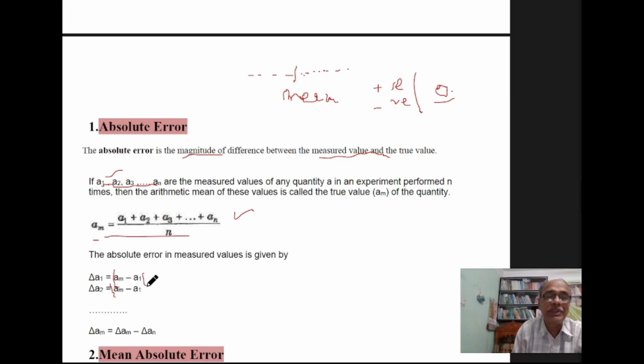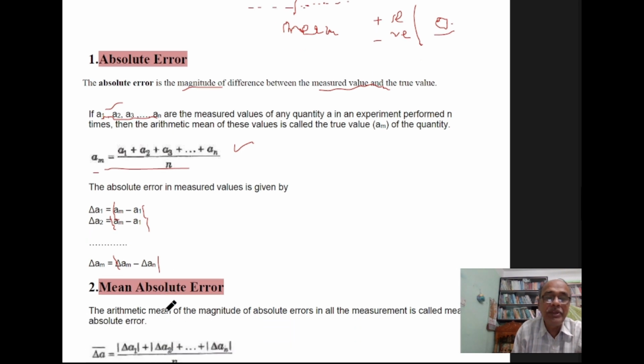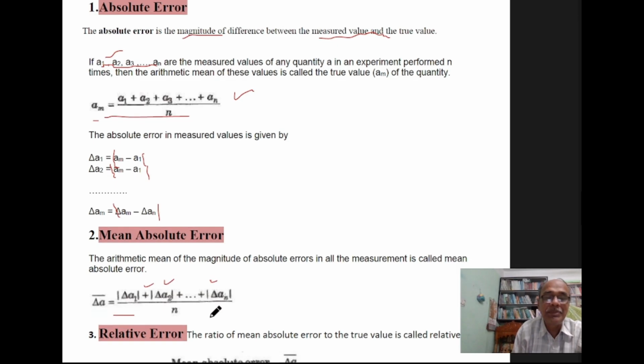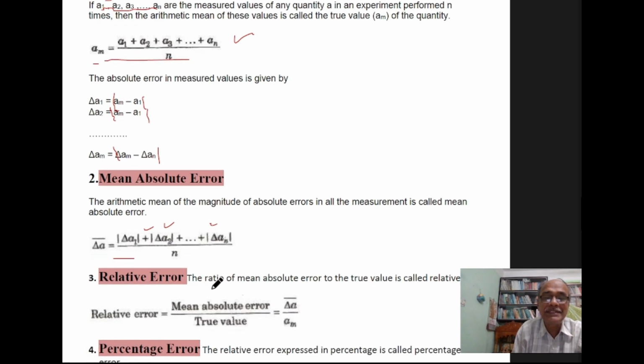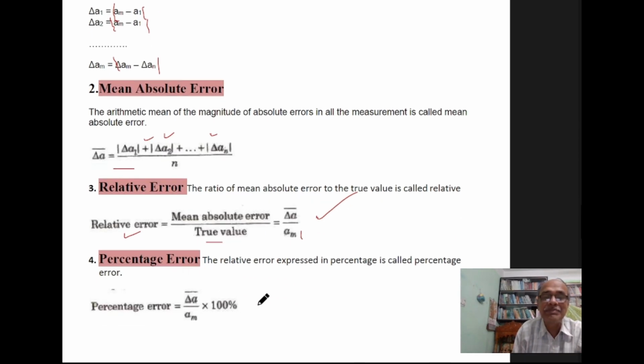When you take the mean of this absolute error, it will be the mean absolute error. If we express this mean value as a ratio of the true value, then it will be the relative error. And if this relative error is expressed in percentage, then it is the percentage error.